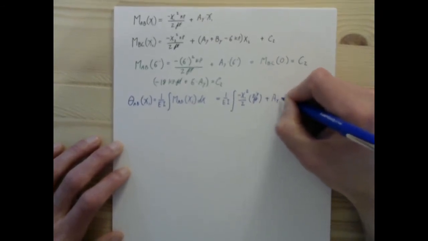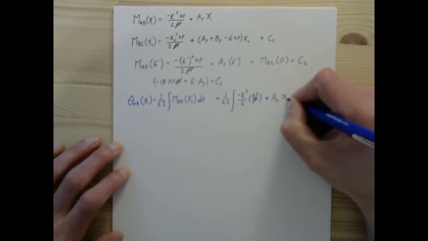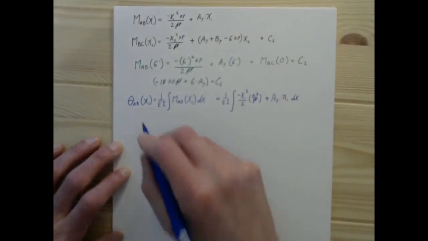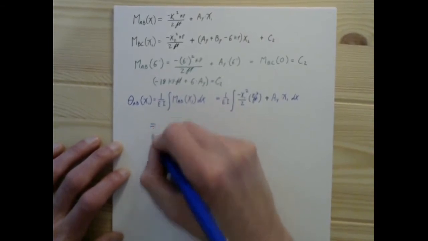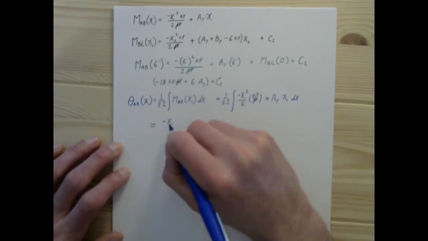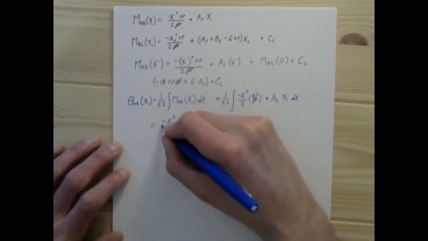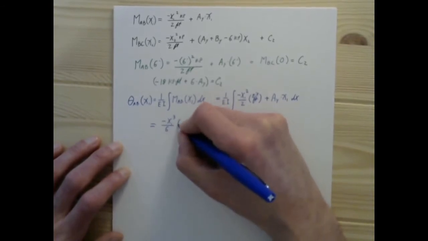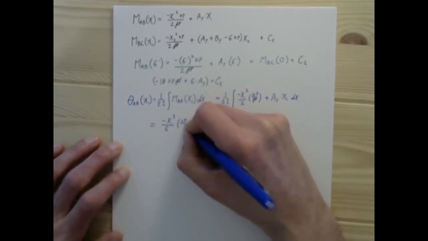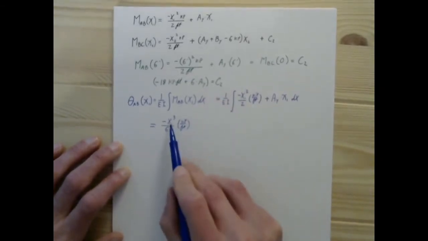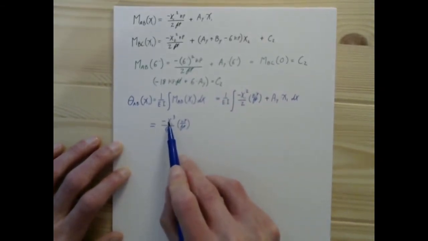Plus AY times x1, which is going to end up giving us negative x1 cubed over 6. Still have that unit kip per feet times this, of course, is all in feet.